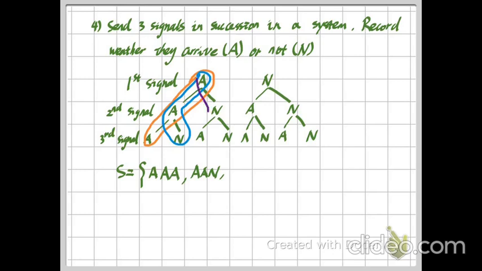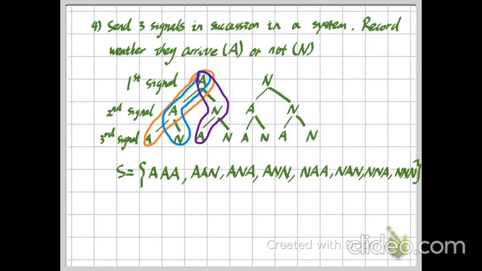Like the next one is ANA. And the next is ANN. And then we move to the right branch of this tree picture, so it will have 4 additional answers. So this is an answer to this question.